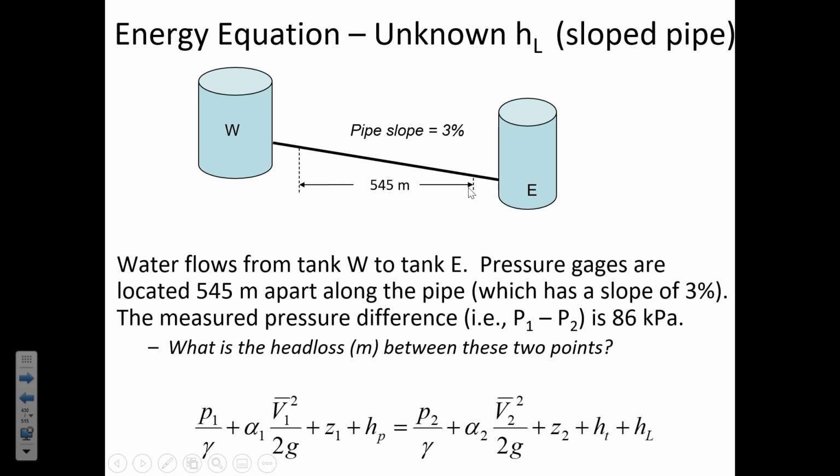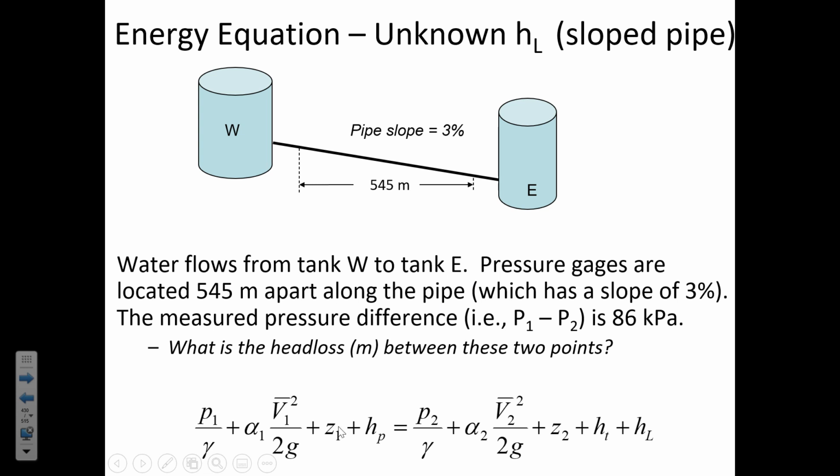And more significantly, for the pressure difference that's measured, there are two different simultaneous effects occurring. There's the pressure difference that is due to the pipe friction, and there's also some pressure difference that occurs because of the elevation difference.